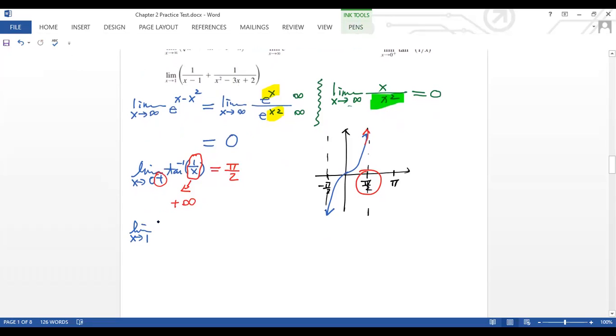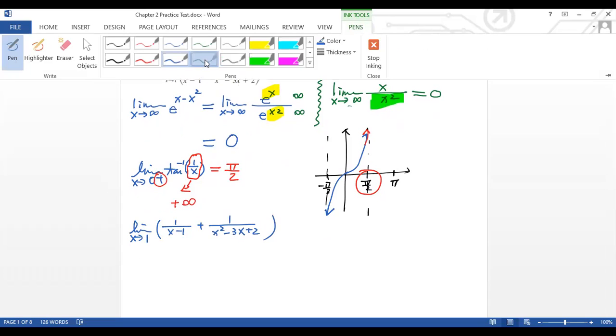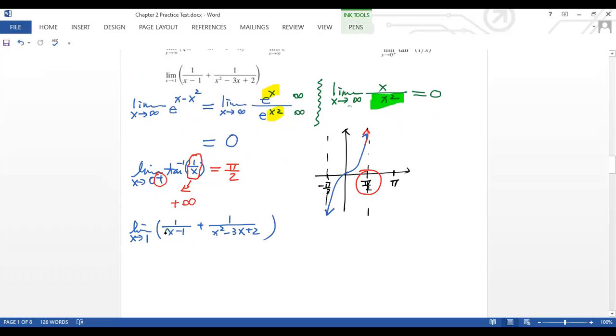Okay, so this one is 1 over x minus 1, plus 1 over x squared minus 3x plus 2. Remember, always plug in to see what happens. So x equal to 1, oh boy, this is 1 over 0. Then the second term is 1 over 1 minus 3 plus 2. Whoa, this is 0 also.